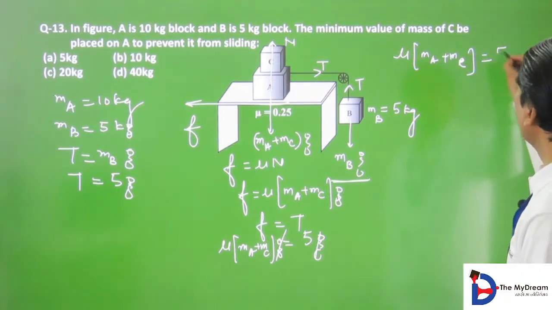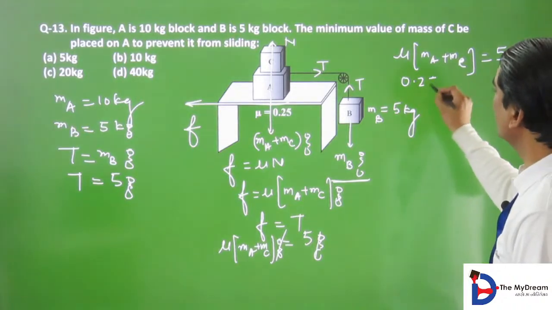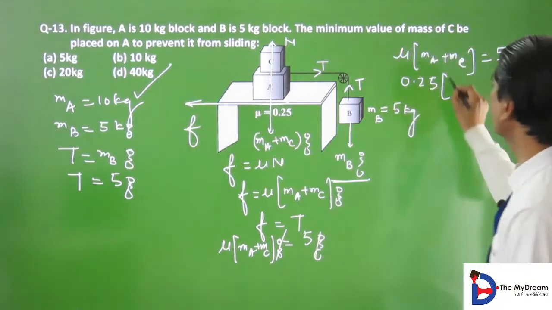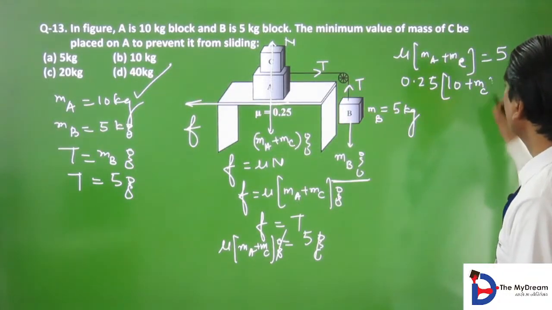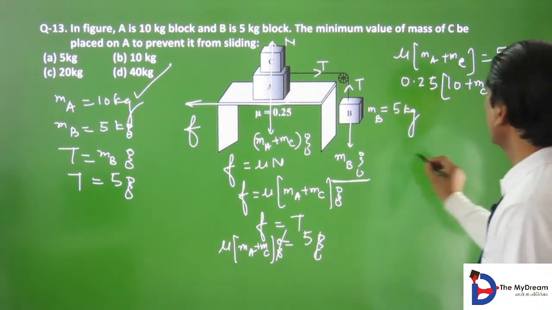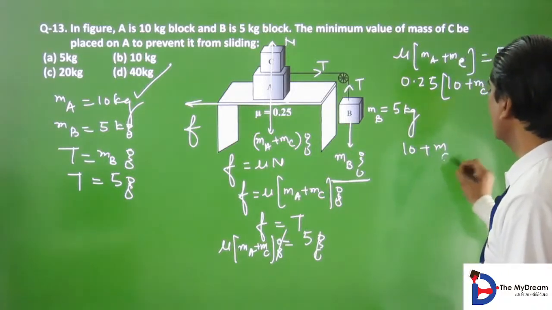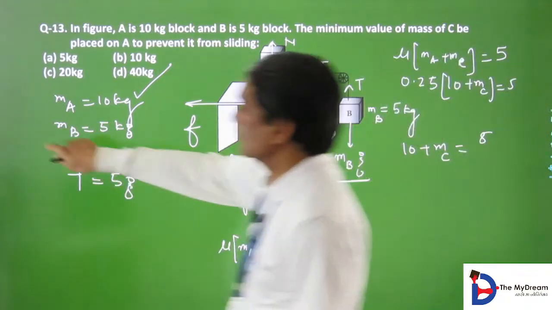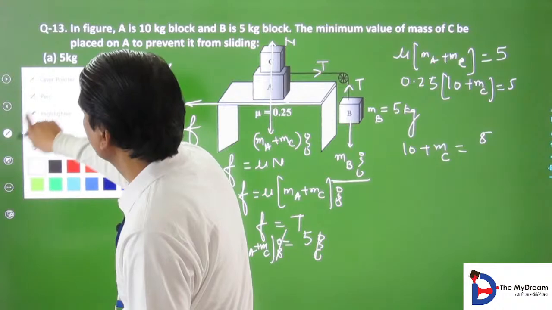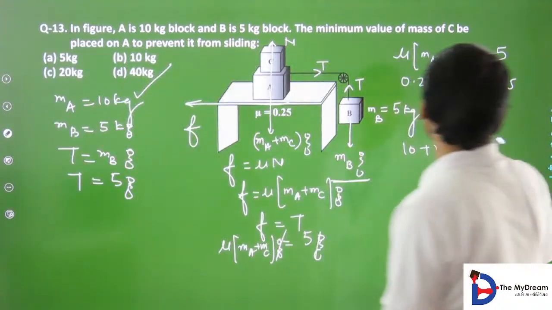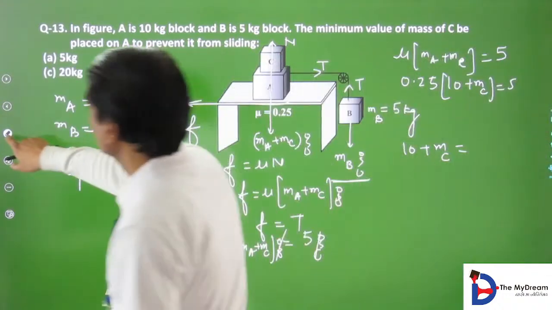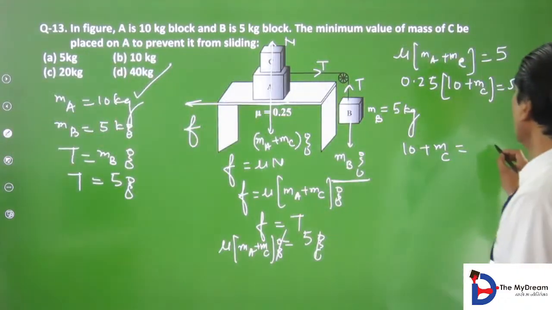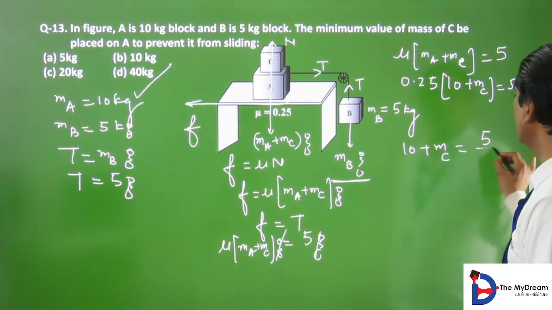Mu times mass of A plus mass of C is equal to 5. The value of mu is 0.25. The mass of A is given to you, that is 10. So 10 plus MC is equal to 5 upon 0.25.